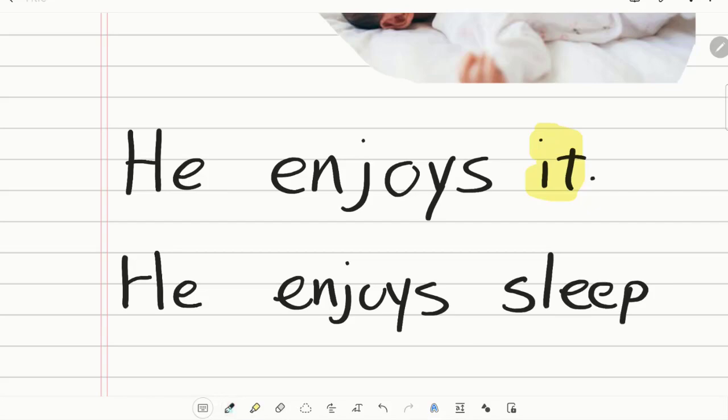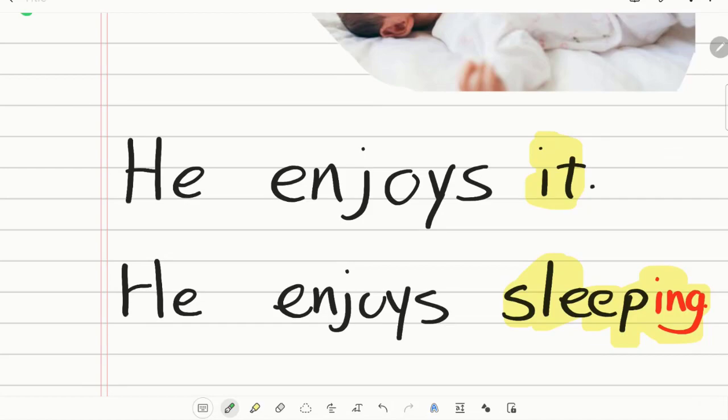And now here you can see we use ing to make it a gerund. He enjoys sleeping, and for sure sleeping is our object in this sentence.